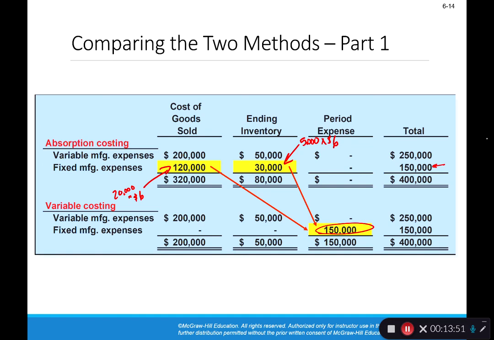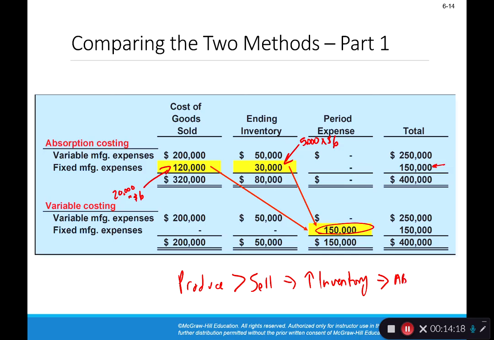So under absorption, whenever we produce more than we sell, which is what happens here, then our inventory goes up, which means some of the fixed overhead costs get stuck in inventory under absorption and therefore won't be expensed.